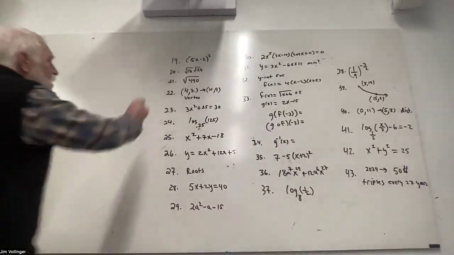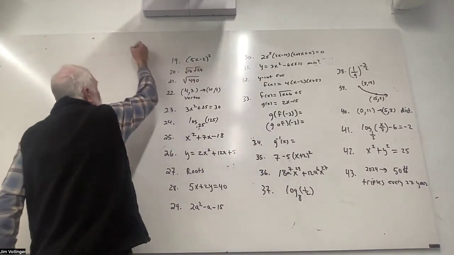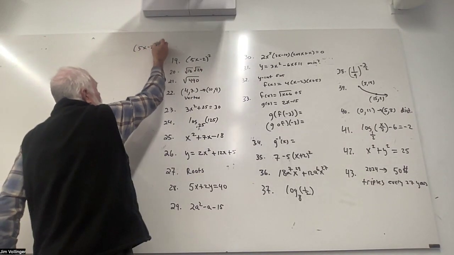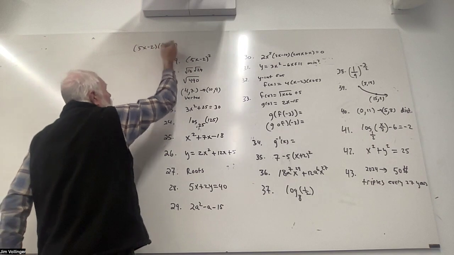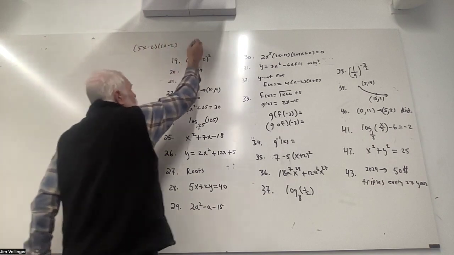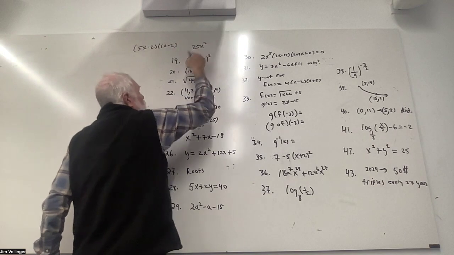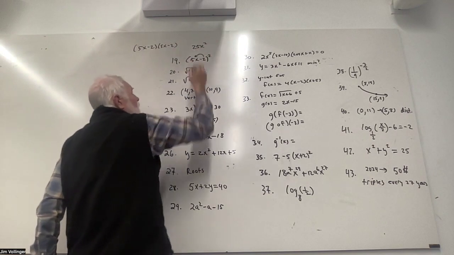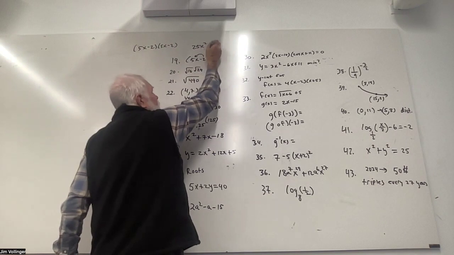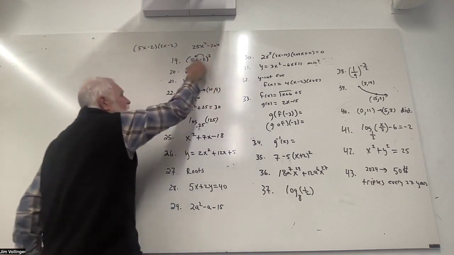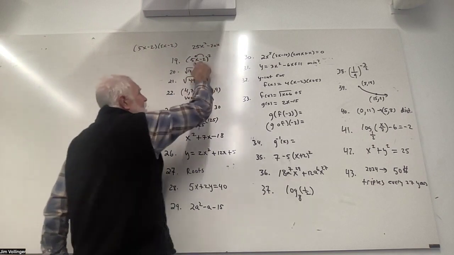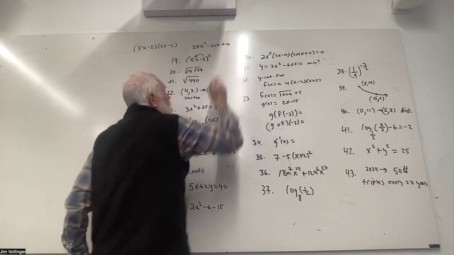All right, I'm hoping that folks don't have to write out 5x minus 2 times 5x minus 2. But if you are, just look at your answer. 25x squared, square the first. Oh, that's minus 10x. In your answer, you got minus 20x. I wonder how I can make minus 10 into minus 20. Squaring the 2, 4.